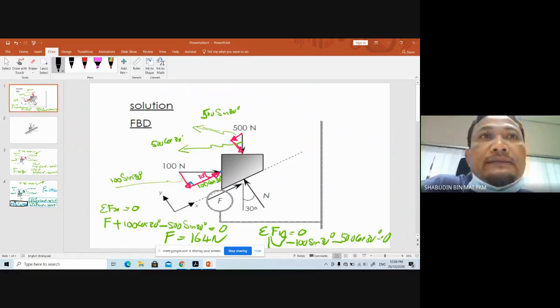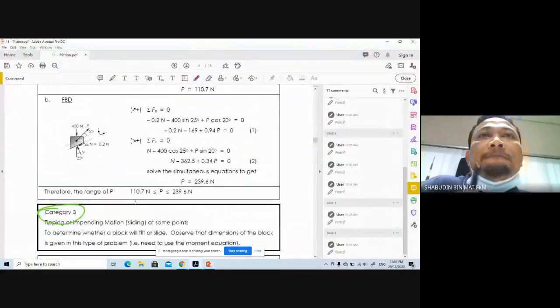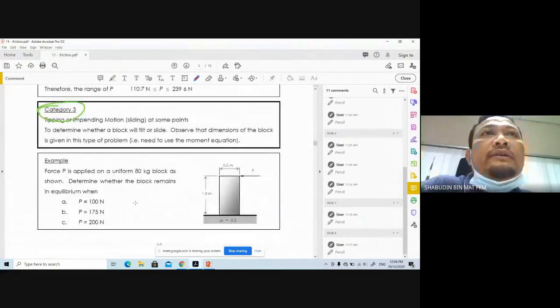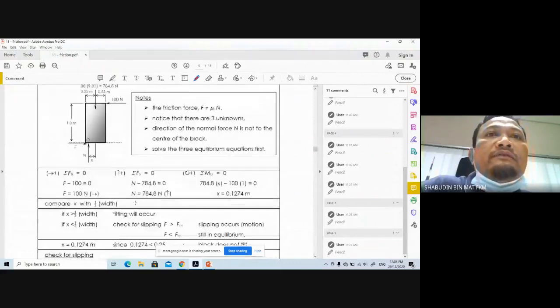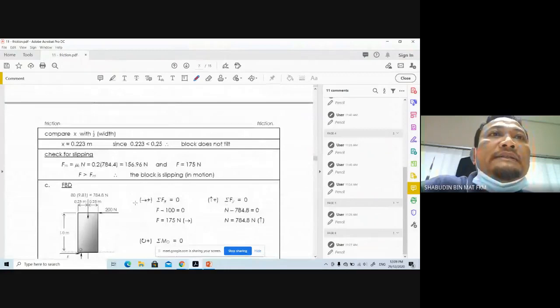Or category 2. Okay, this is in category 2. So we're not going to touch category 3 because that involves dynamics, because it involves motion. You will do this in dynamics next semester.